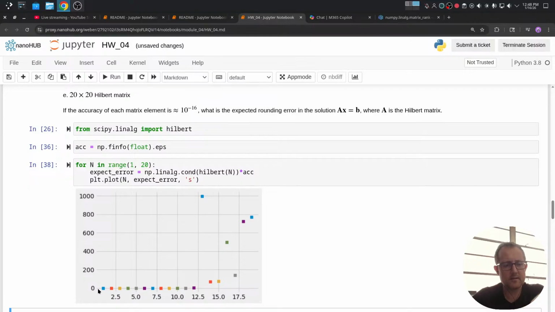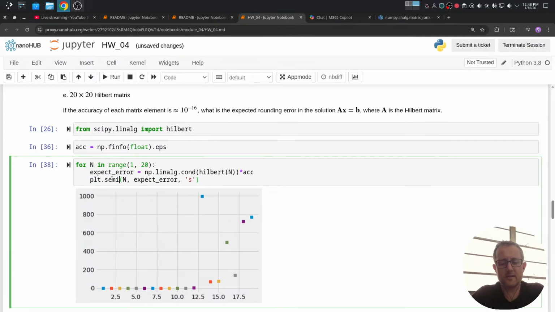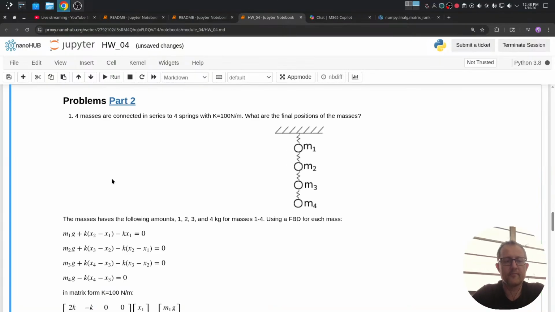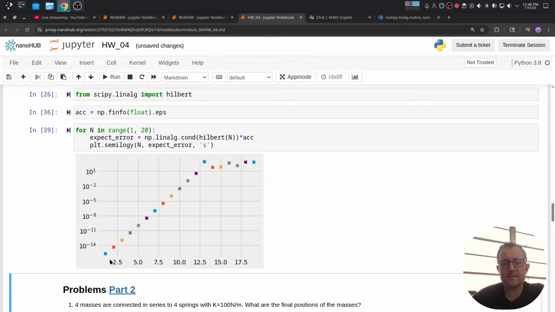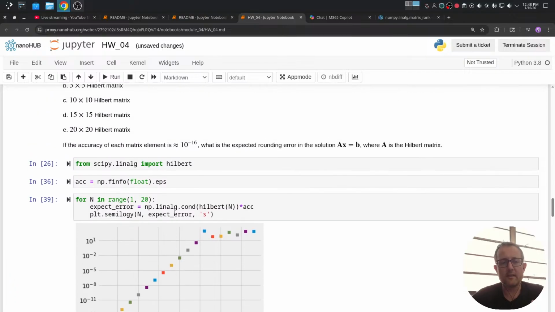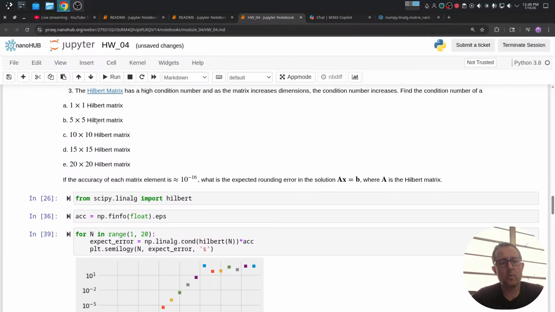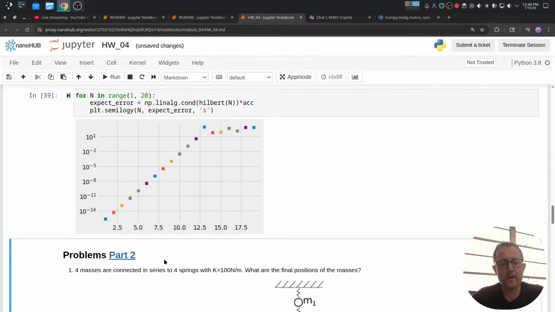Let's see, how does it look? 0, 0, 0, 0, and then somewhere around here it starts shooting up, and it's hard to see what's going on. So let's throw it on a log scale. Now we can see the expected error for each Hilbert matrix keeps increasing, as you probably noticed going from 1 to 5 to 10 to 15 to 20.